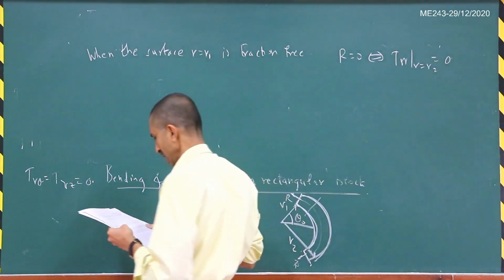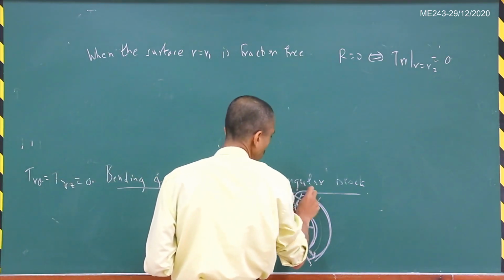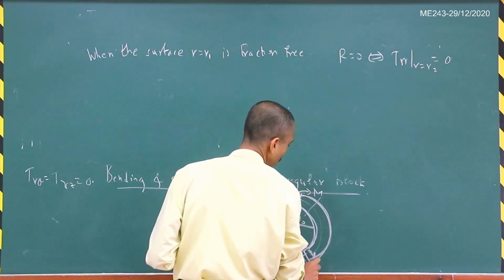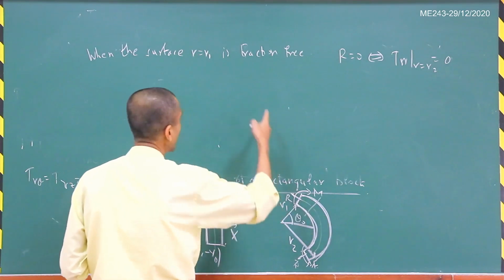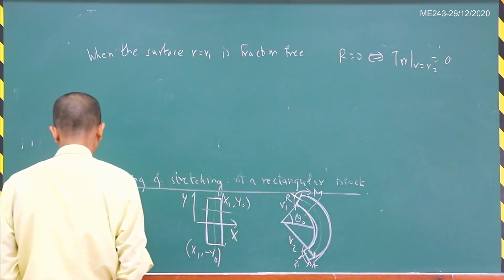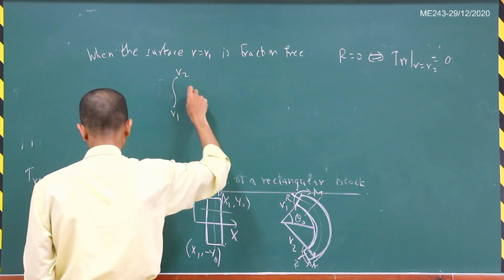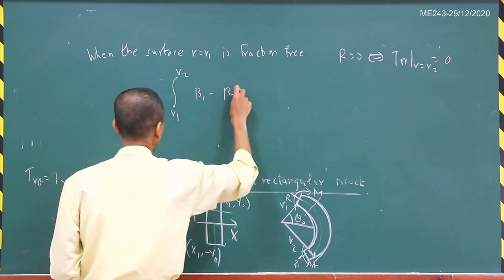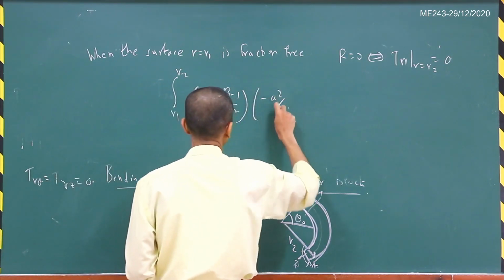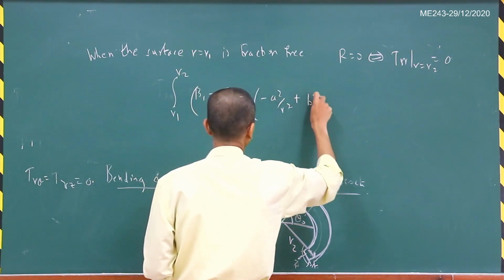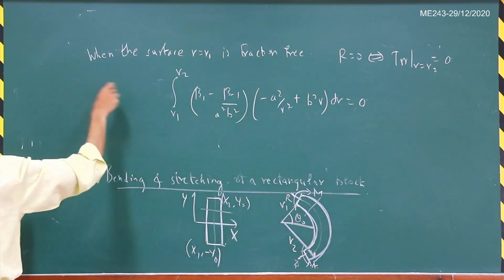So the necessary and sufficient condition that the bending is caused only by a moment, that means there is no axial force, there is no tangential force, is that the integral from R1 to R2 of (beta 1 minus beta minus 1) by A square B square times (minus A square by R square plus B square R) times dr is equal to 0. So this is the necessary and sufficient condition.